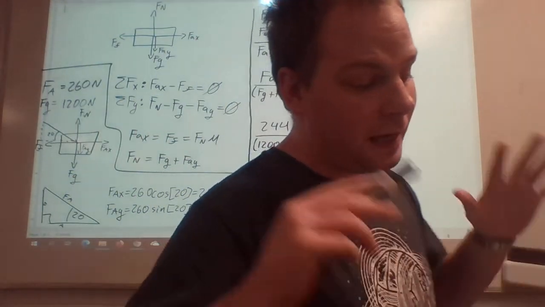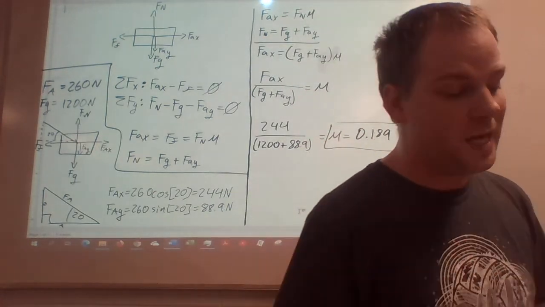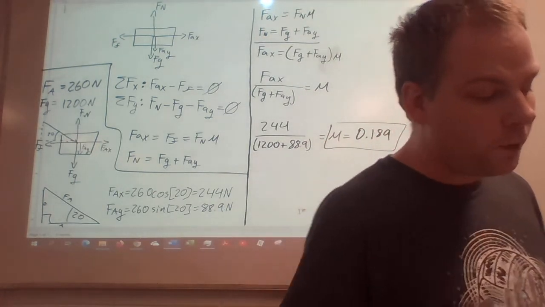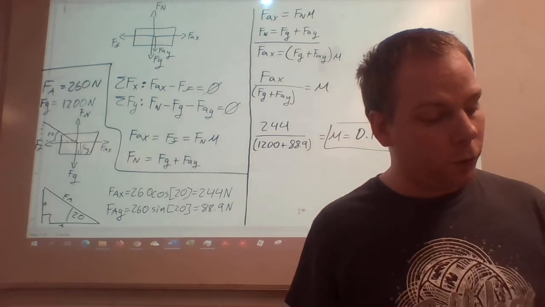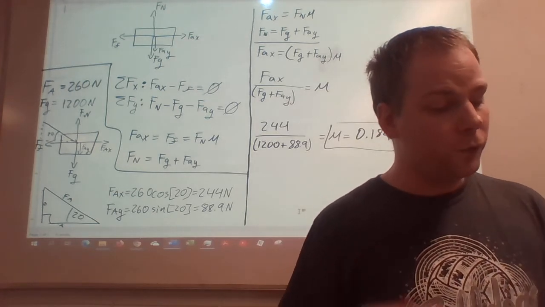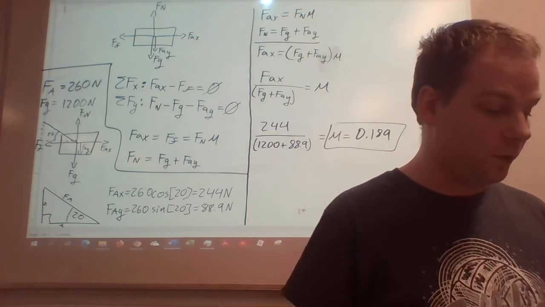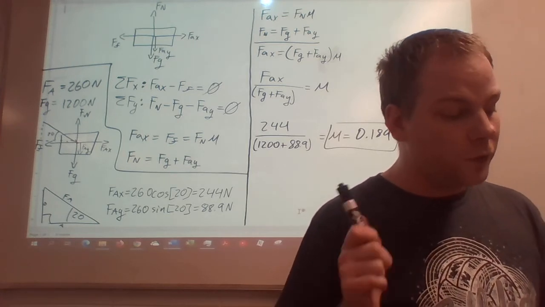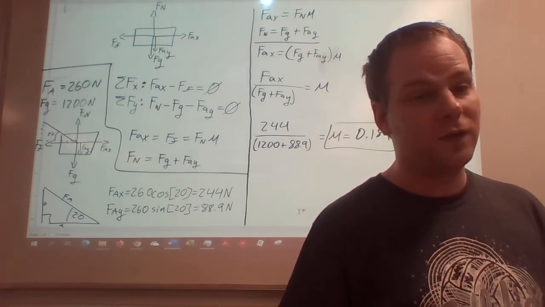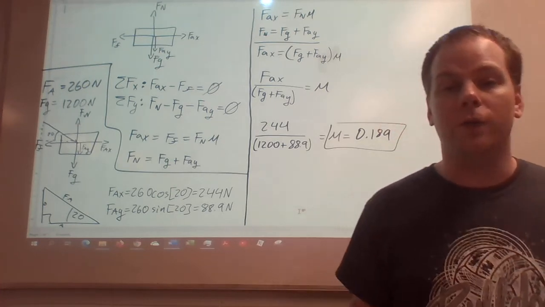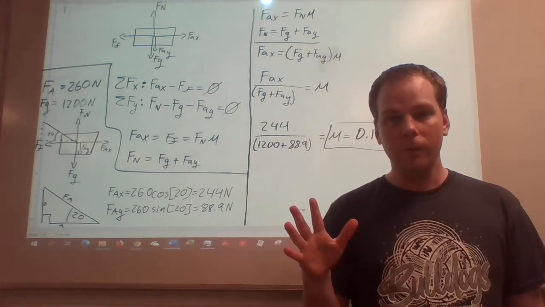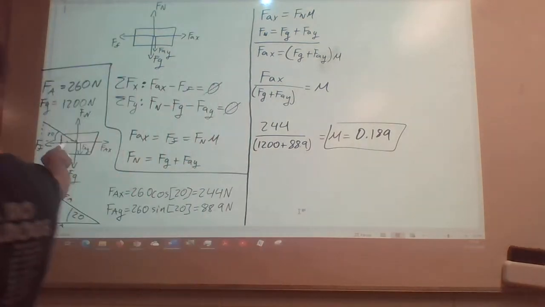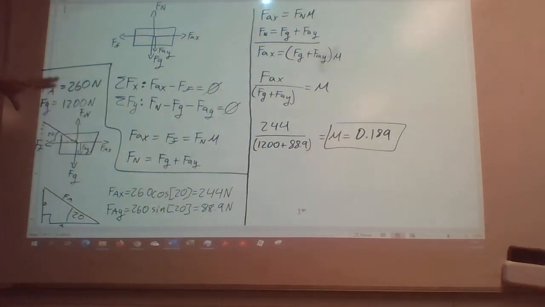Okay, now that we have the coefficient of friction, part B tells us if the force is instead a pulling force at an angle 20 degrees above the horizontal, then what would the acceleration of the crate be? Assume the coefficient of friction is the same as it was in part A. So now, instead of our applied force being down, it's actually up.